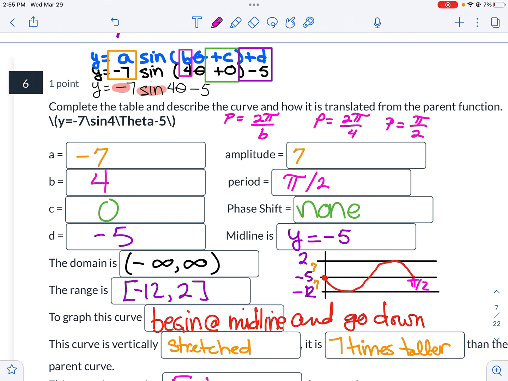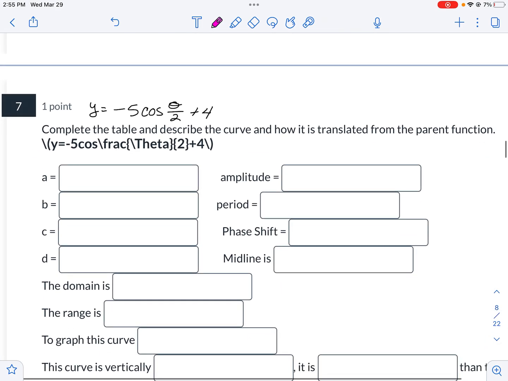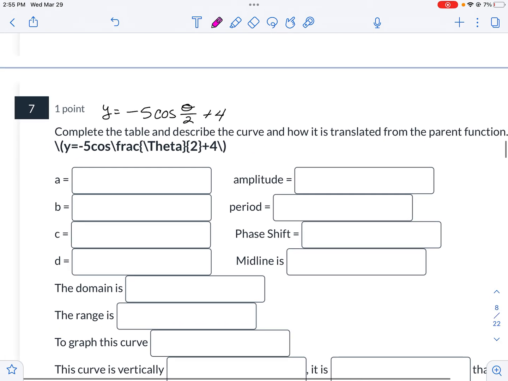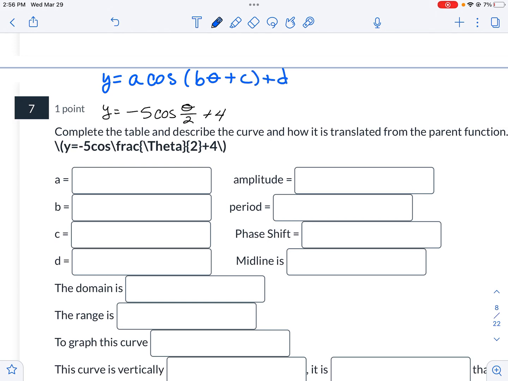All right, we can do one more if you want. So the rule is y equals a cosine b theta c d.